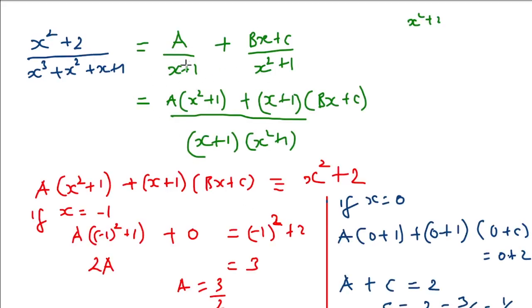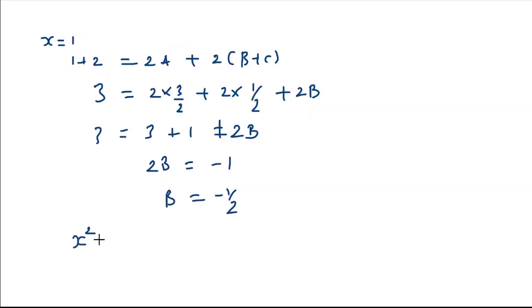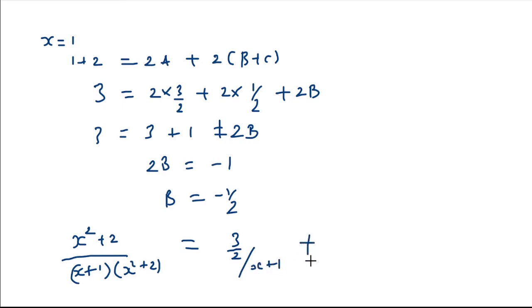So when we substitute back into our expression our a, b and c, we see that x squared plus 2 over x plus 1 into x squared plus 2 will be equal to our a, which was 3/2, divided by x plus 1, then plus our bx plus c, with b as -1/2 and c as 1/2, over x squared plus 1.